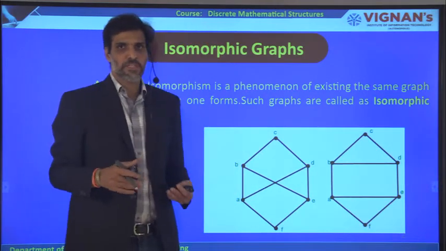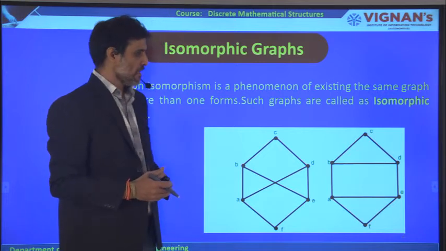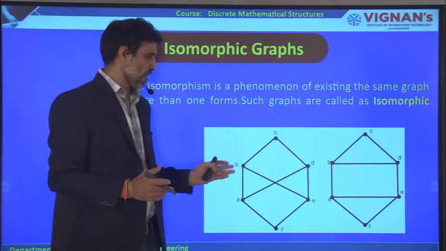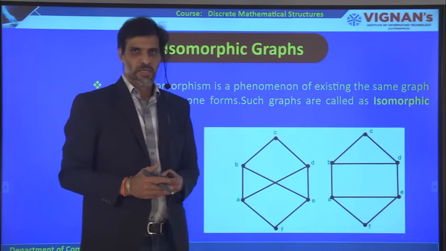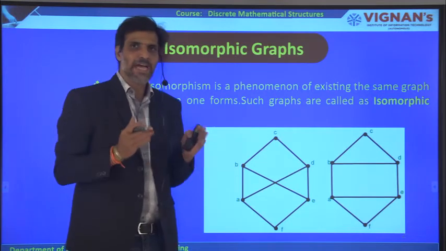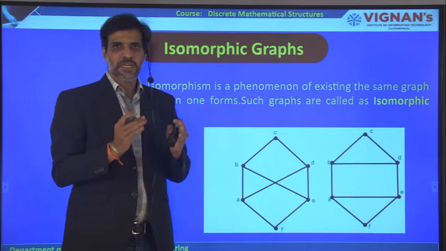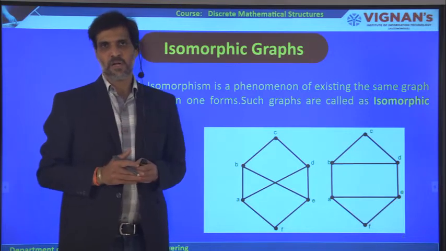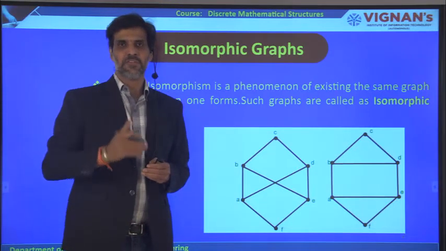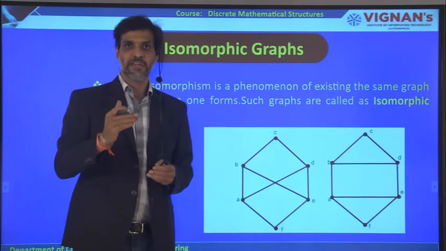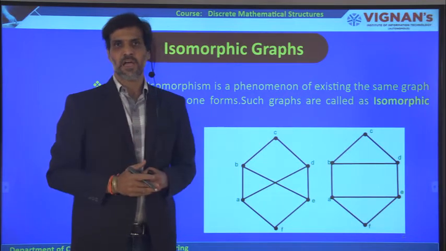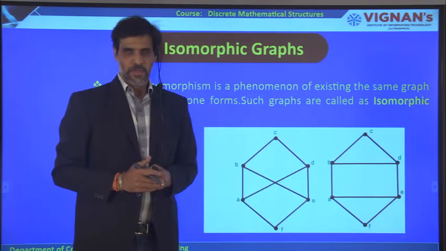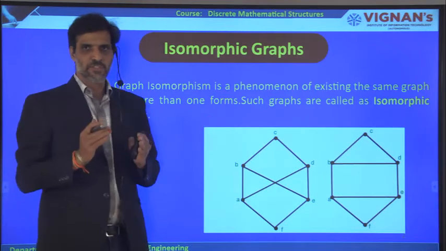How do we say simply that these two are isomorphic? By looking at these two graphs, we cannot say. These two graphs have to satisfy some set of conditions. Those conditions are called necessary and sufficient conditions for identifying whether the graphs are isomorphic or not. So this is the basic definition of isomorphism.